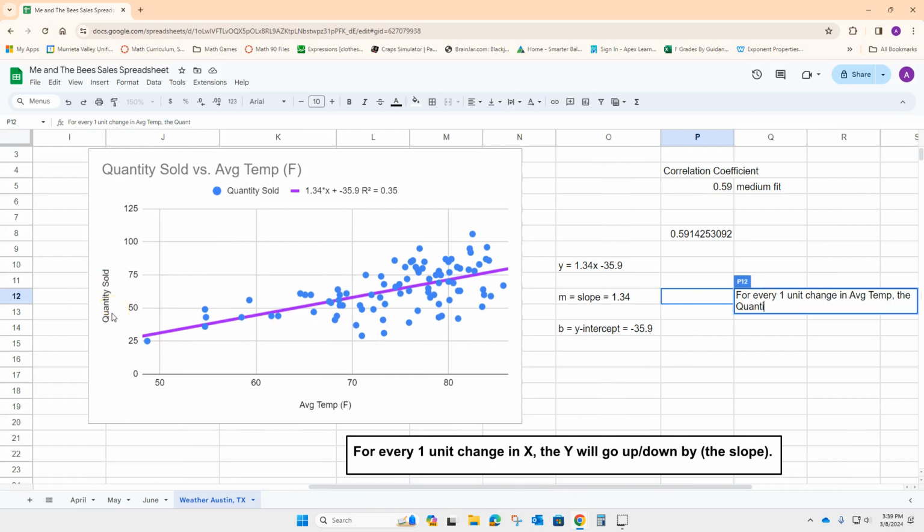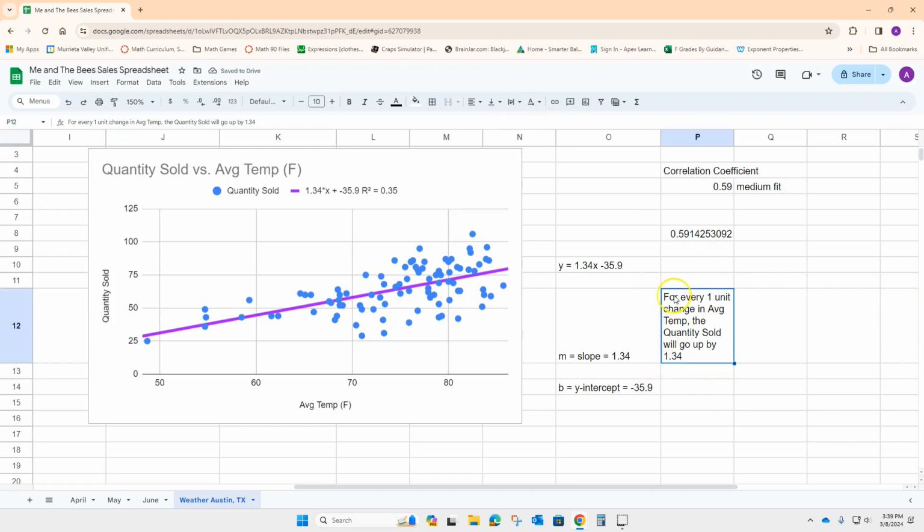The quantity sold will go, it's a positive number, so it will go up by whatever the slope is, 1.34. All right, so that is how you interpret the slope here. For every 1 degree increase in temperature, we would expect to sell an additional 1.34 bottles of lemonade, because this is the me and the bees lemonade data.